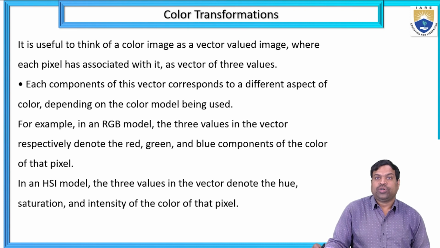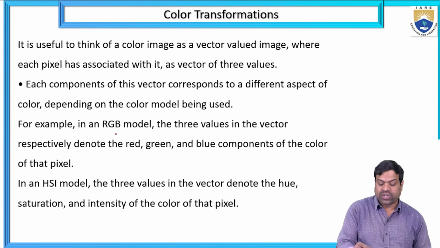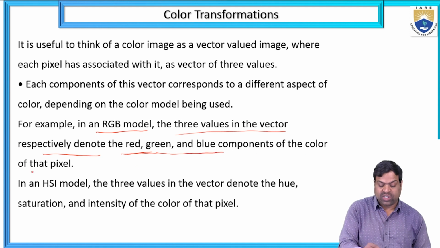So it is useful to think of a color image as a vector valued image where each pixel has associated with it a vector of 3 values. Each component of this vector corresponds to a different aspect of color depending on the color model being used. For example, if I am taking the RGB model, the 3 values of the vector respectively denote the red, green and blue components of the color image.